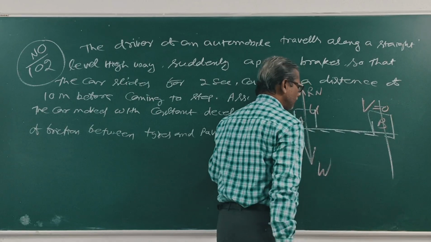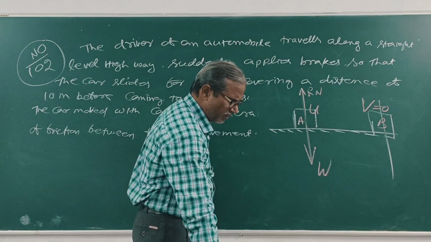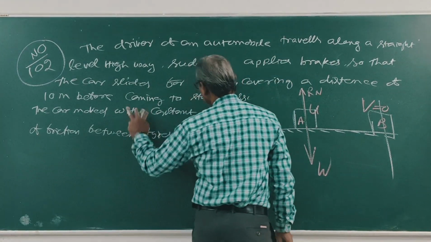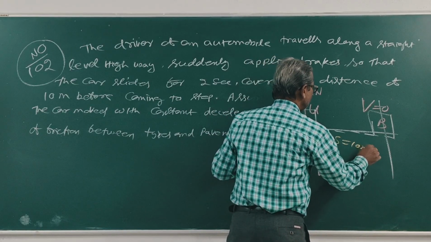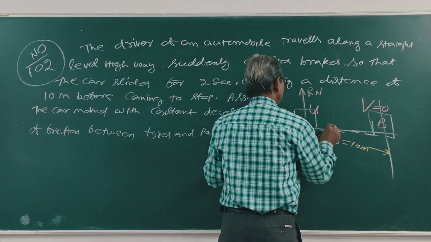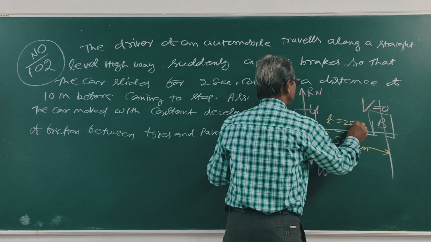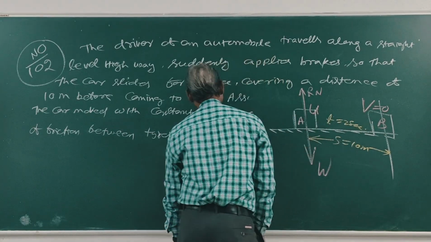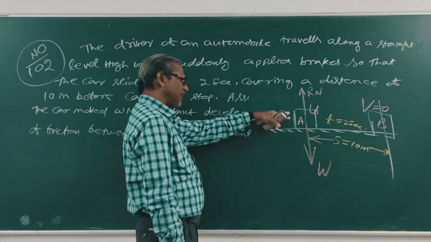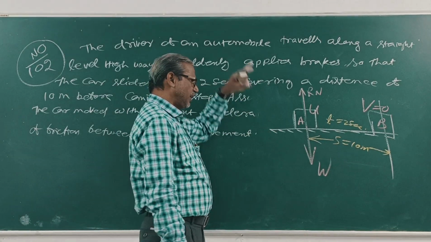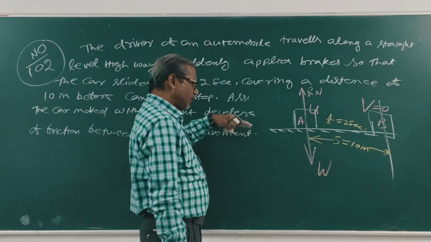The car stopped after covering a distance of 10 meters. S is equal to 10 meter and t is equal to 2 seconds. Clear? The car slides for 2 seconds, and at A its velocity is u. He applies brakes at point A. Car moves from A to B.